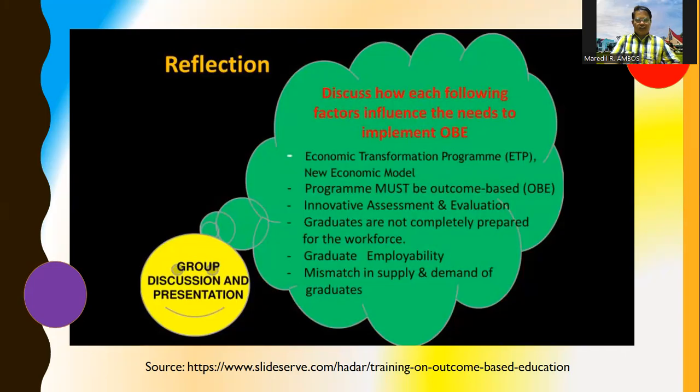Then graduates are not completely prepared for the workplace. Then graduate employability, and the last is mismatch in supply and demand of graduates. So you need to brainstorm on how these factors could influence why there's a need to implement outcome-based education in our curriculum.